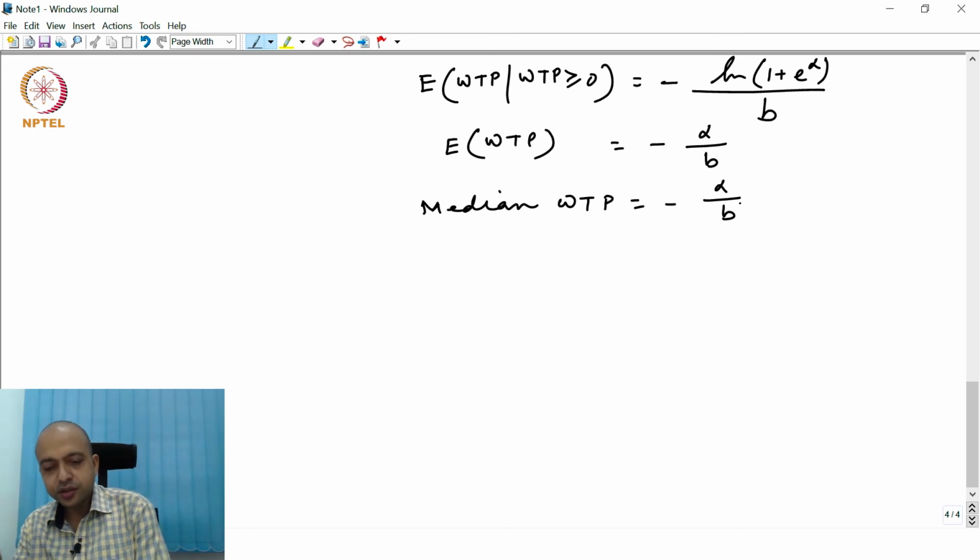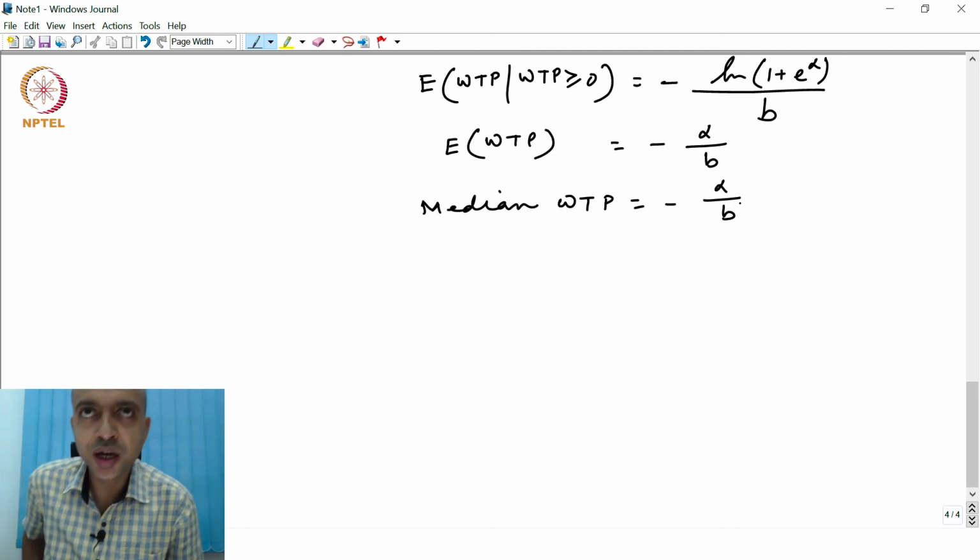So to estimate the mean WTP, median WTP, or the unconditional mean, what we need to get is alpha hat and beta hat. How will you get alpha hat and beta hat? From the logistic regression. We need to collect information about whether the individual is saying yes or no for a particular bid amount, and with all other household specific features we apply the logistic regression technique, and then we will get alpha hat and beta hat by this logit model.